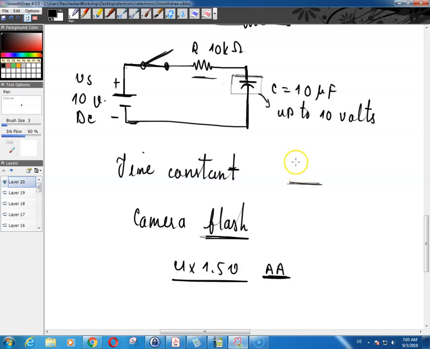And then in just a fraction of a second, the required amount of charge is discharged into that light mechanism inside the flash, and then you have enough electrical charge to light up your pictures properly.